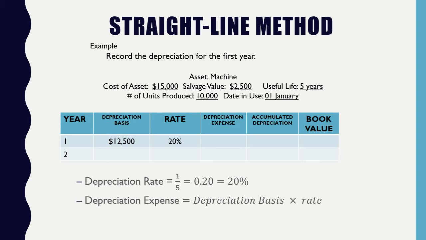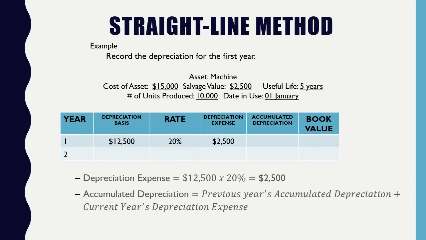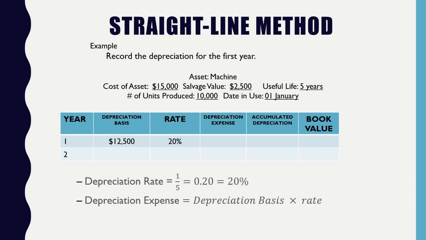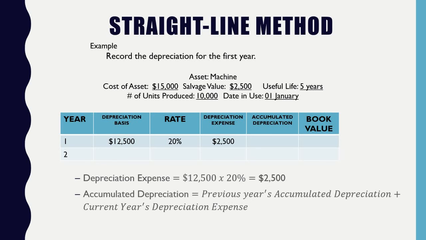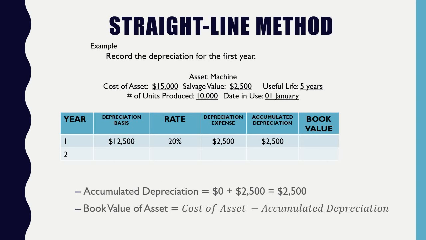Okay, good. So then from there, what's my depreciation expense going to be? It's 12,500 times 20%, which gives you 2,500. And then what's your accumulated depreciation? It's also 2,500 right now. Making your total book value to be?